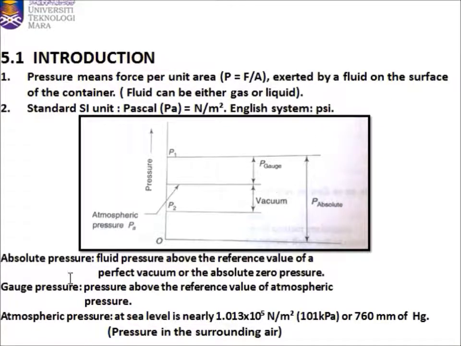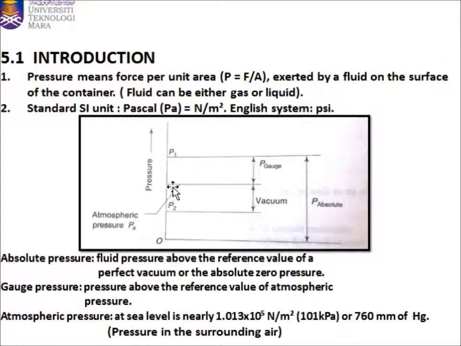Okay, so let's recall what is absolute pressure, gauge pressure, and atmospheric pressure. You can refer to this figure. P absolute equals fluid pressure above the reference value of a perfect vacuum, or the absolute zero pressure. And gauge pressure, P gauge, is pressure above the reference value of atmospheric pressure.